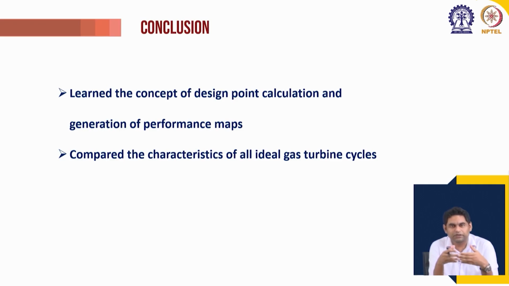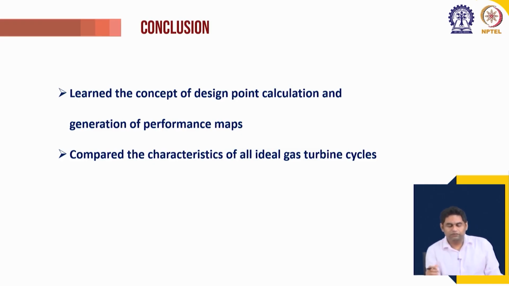So, these concepts are very important still, but the calculations will now incorporate the effects of losses, then other variations like fuel addition, changes in Cp and changes in gamma, all these things we will consider in the next week. Okay.